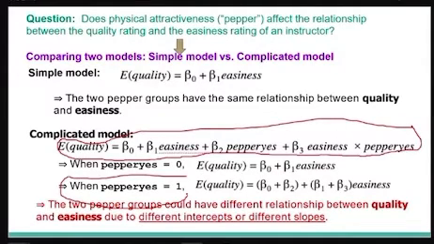Anywhere you see PPS yes, you plug in 1, and you automatically have a new intercept and a new slope. The intercept has changed and the slope has changed. If you plug in 1, beta 2 times 1 is just beta 2, so it's going to be beta 2 plus beta naught.